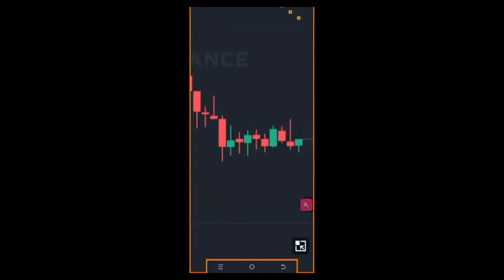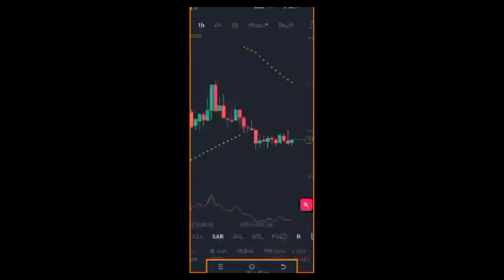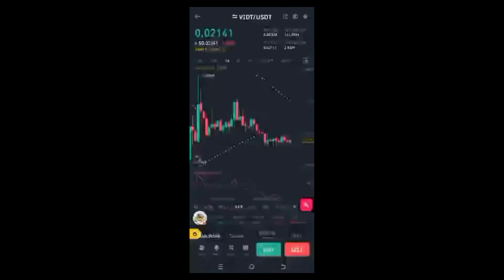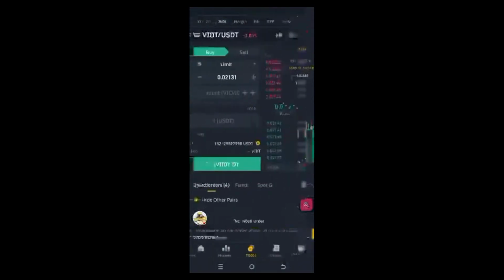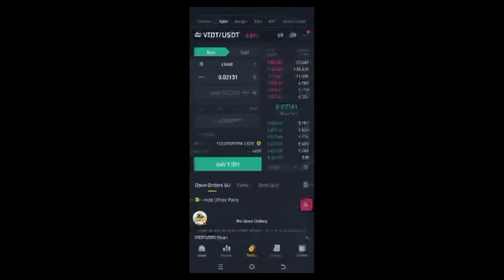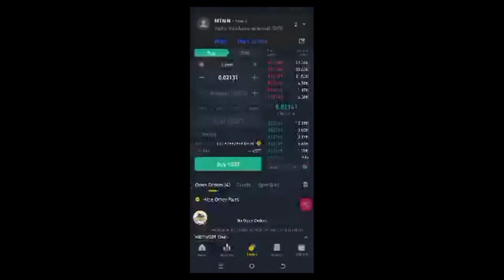It has some turbulence and it's trying to stabilize, trying to make a decision whether it's supposed to go up or not. But anyways, that's a story for another day. We are currently out of the trade. Beautiful. So VIDT, yeah, good one. We made $1.05 minus the fees. We actually made $1, which is 2%.